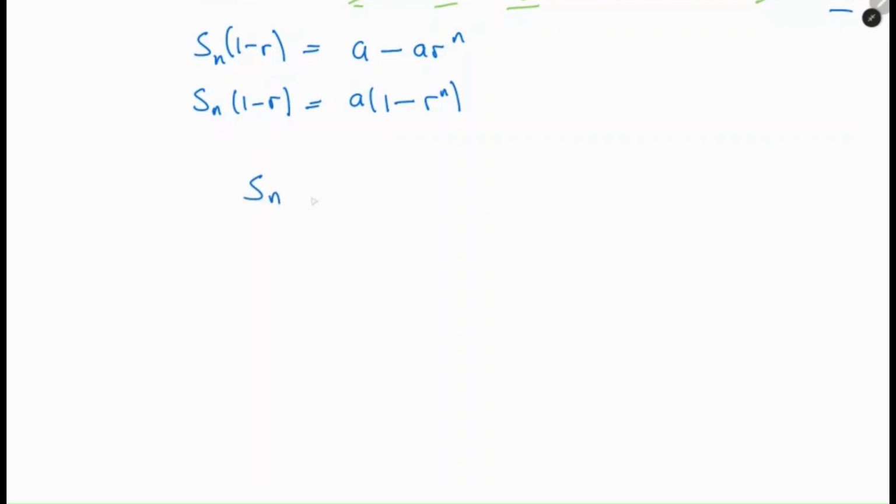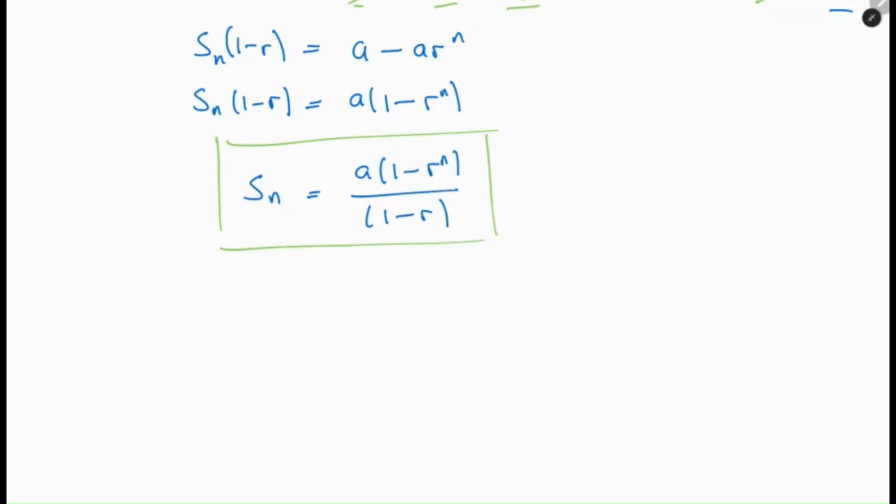So I'm going to get Sn is equal to a times 1 minus r to the n, divided by 1 minus r. And this right here is your formula for the sum of n terms in a geometric series.